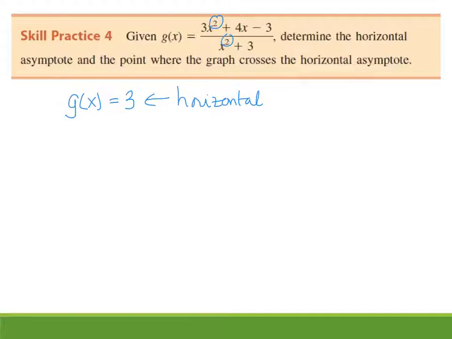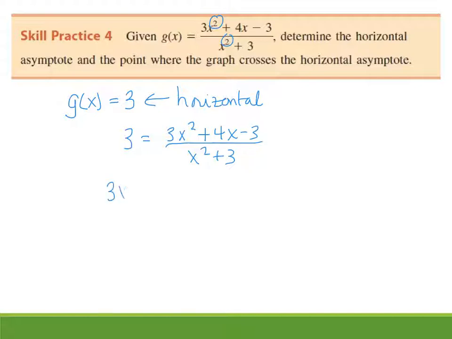Now, to find out where it crosses the horizontal asymptote, we just let 3 equal 3x squared plus 4x minus 3 divided by x squared plus 3. Now we multiply through by x squared plus 3.